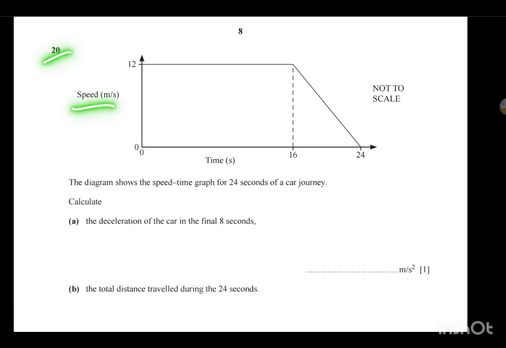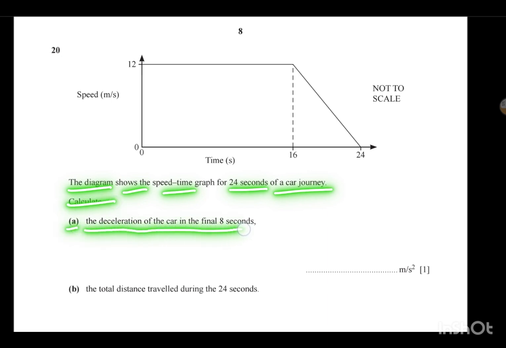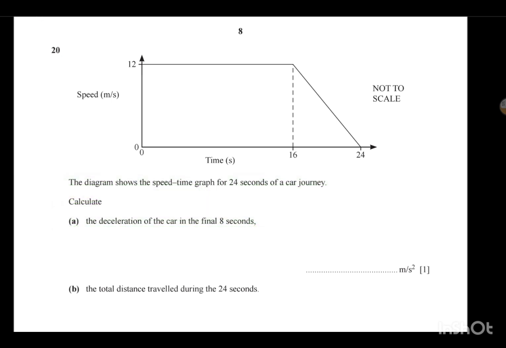Speed in meters per second, time in seconds. This is the graph. Time is on the x-axis, speed is on the y-axis. The diagram shows the speed-time graph for 24 seconds of a car journey. Question A: calculate the deceleration of the car in the final 8 seconds. Deceleration and acceleration are the same idea. In deceleration the speed gets reduced, in acceleration the speed gets increased.